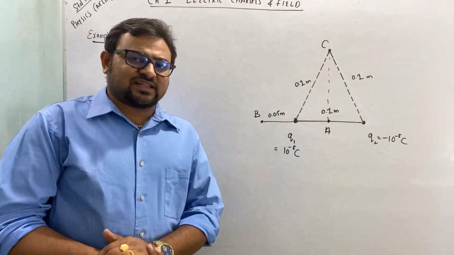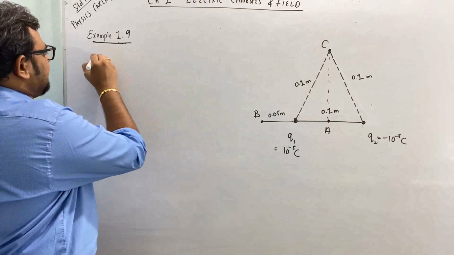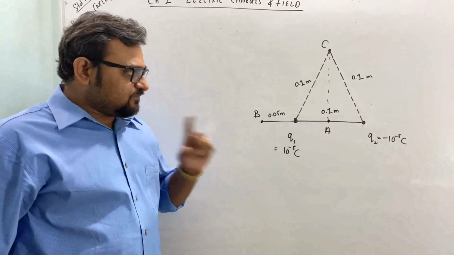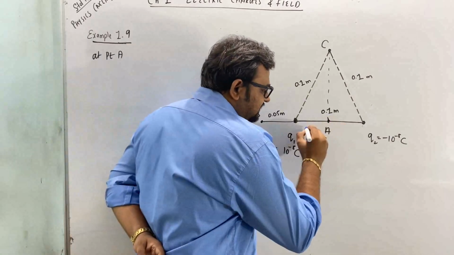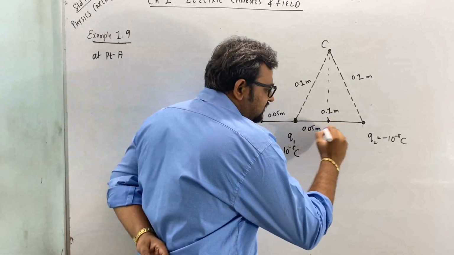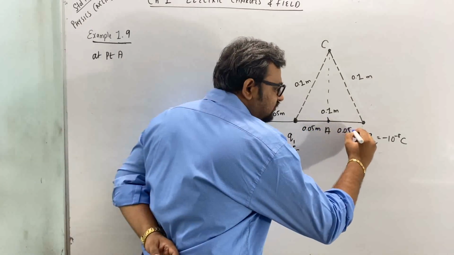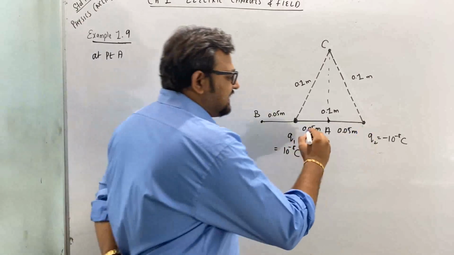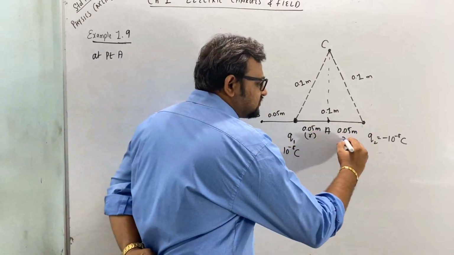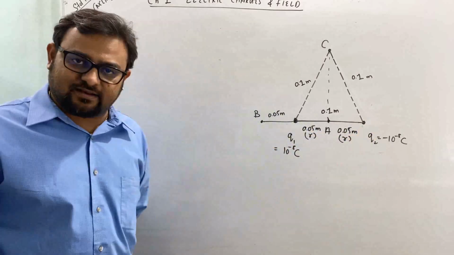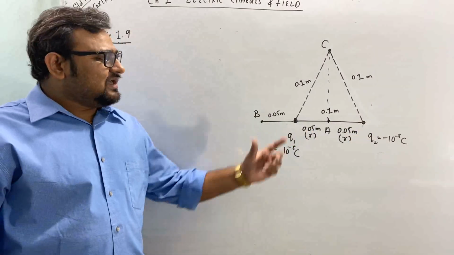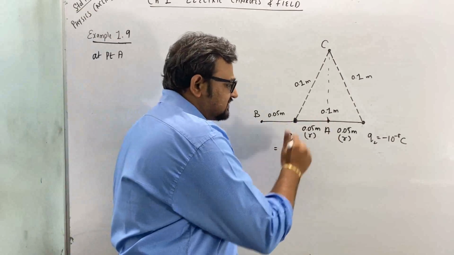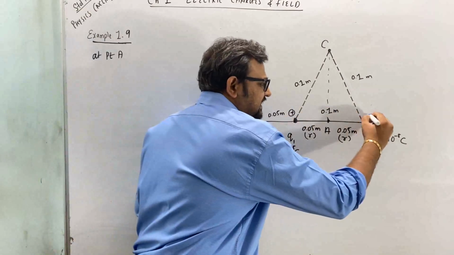So first let's start with point A. Now see, as it is the midpoint, this will be 0.05 meter and this will be 0.05 meter. So in this case I can take this as r, and this will also be equal to r. Now the electric field at point A: this is a positive charge and this is a negative charge.